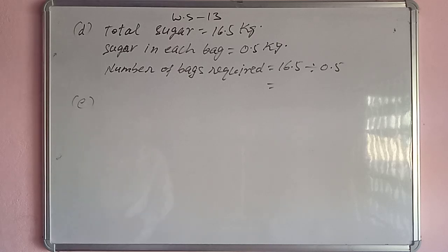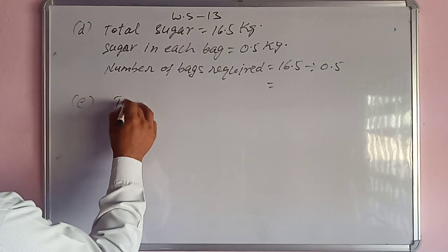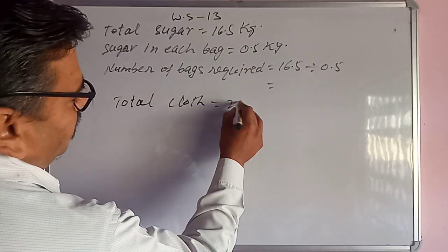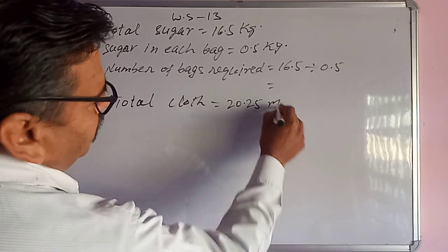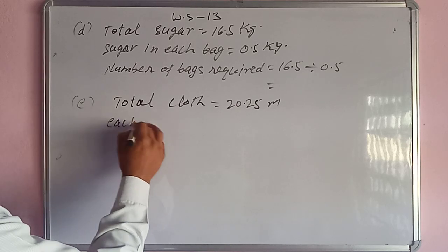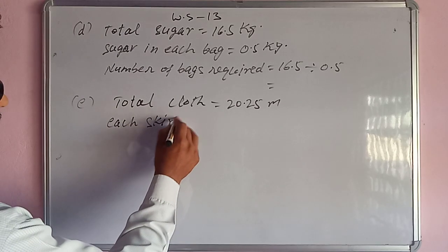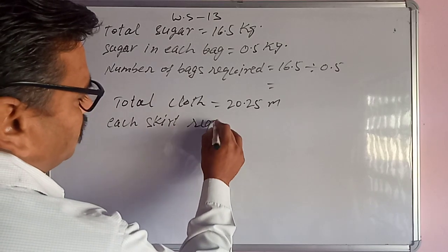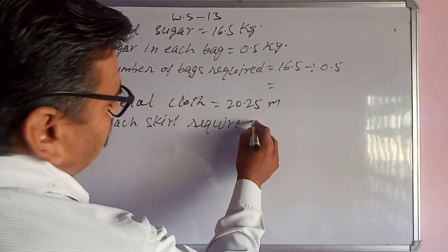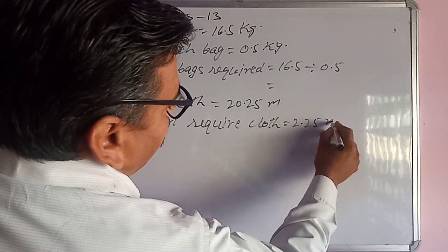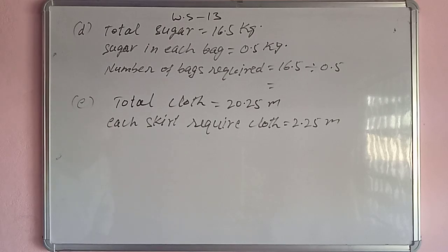So the total cloth is 20.25 meter, and each skirt requires 2.25 meter cloth.